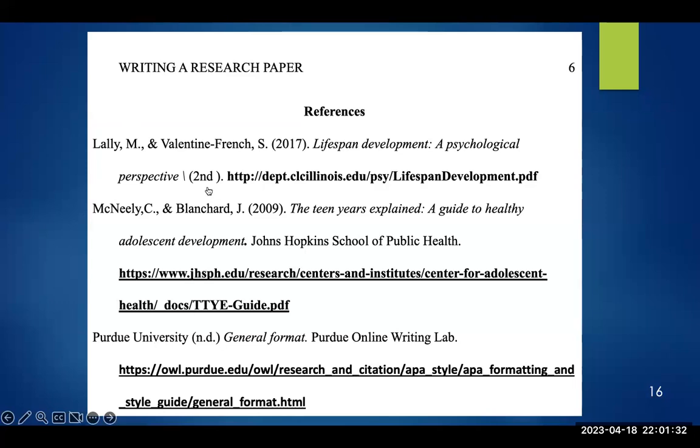Remember that in a scholarly article, a primary source article, the title is not italicized. In a book or in a non-scholarly article, the title is italicized.